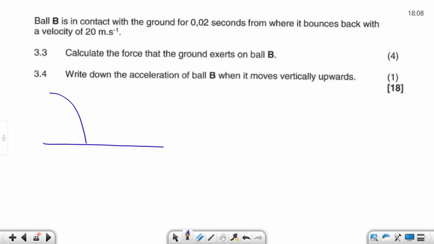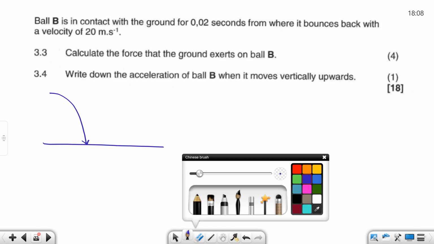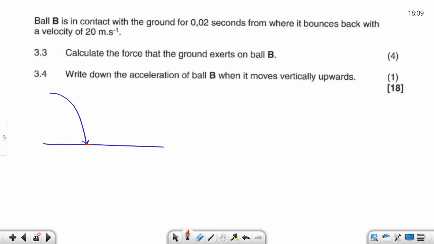Ball B hits the ground. Is that okay? What happens? It stays on the ground before it bounces for 0,02 seconds. So if I were to draw a displacement time graph, it would be like that. And then it bounces back up. But what's the time frame here? 0,02.